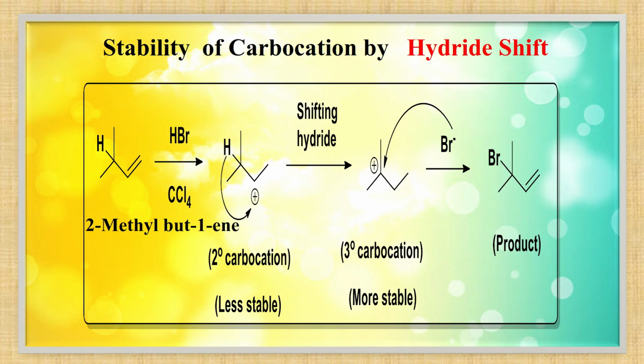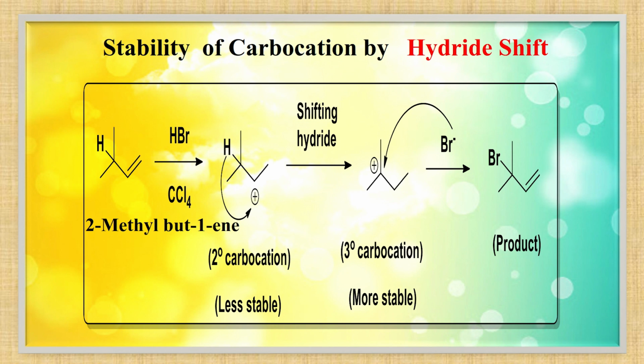But remember students, sometimes, as you can see on the screen, when you add HX, there will be a hydride shift to get a more stable carbocation. For example, if you get a 1 degree carbocation, by hydride shift you can get a 2 degree carbocation.